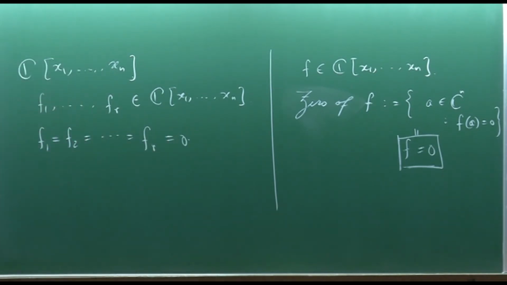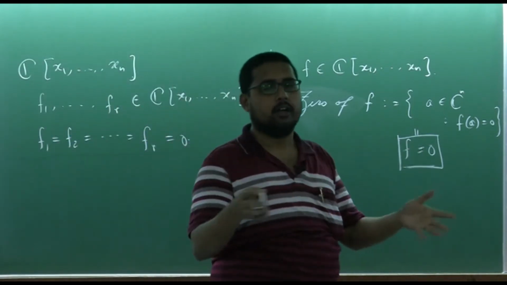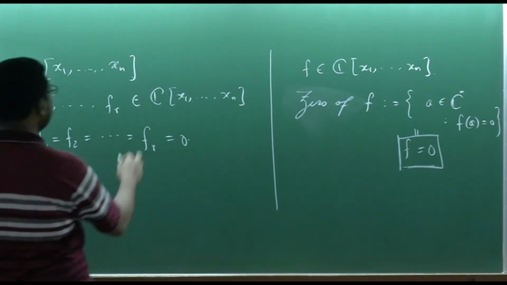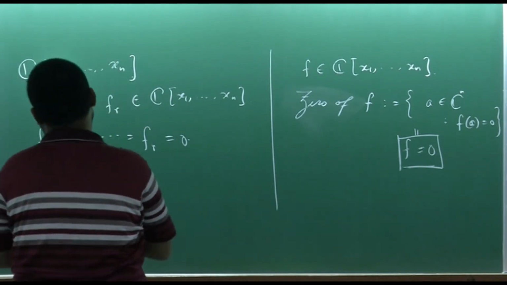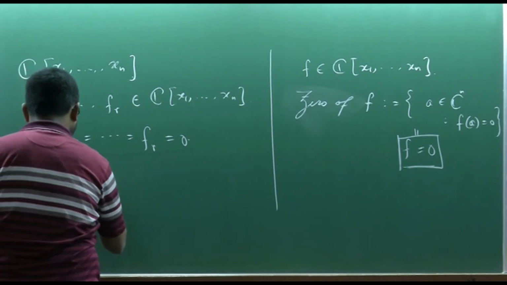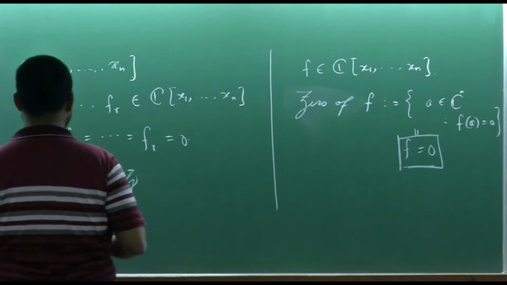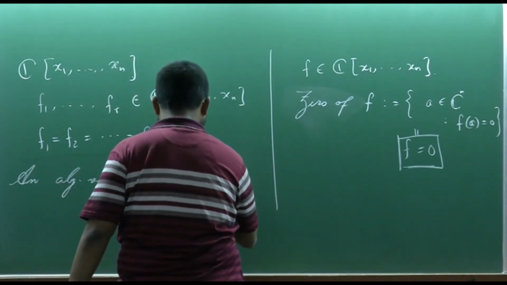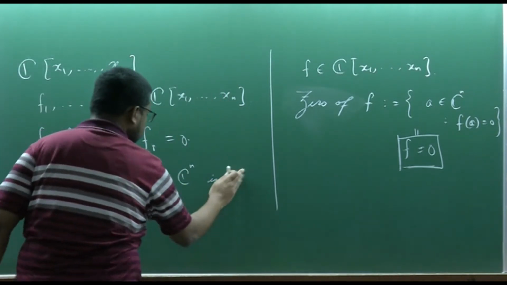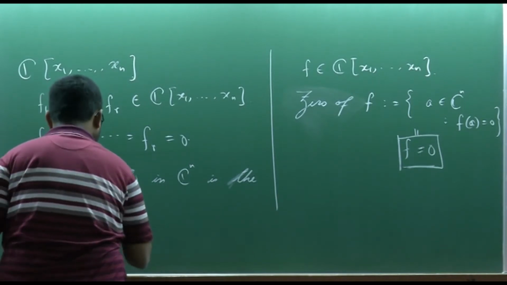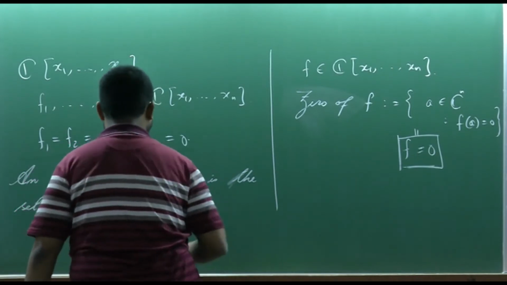A subset of Cn obtained in this manner, that is, for some finite collection of polynomials in n variables, the given subset is the set of common zeros, is called an algebraic set or algebraic variety, or simply a variety. So, an algebraic variety in Cn is by definition the set of common zeros of a finite collection of polynomials.